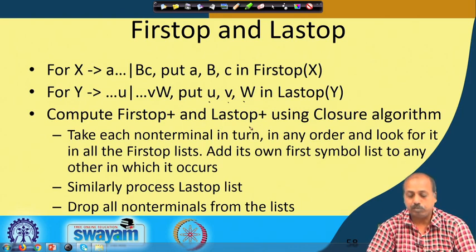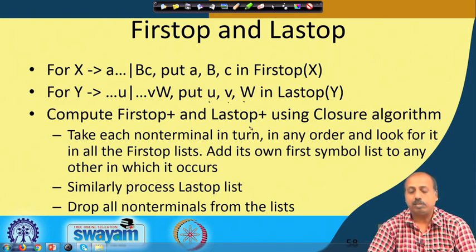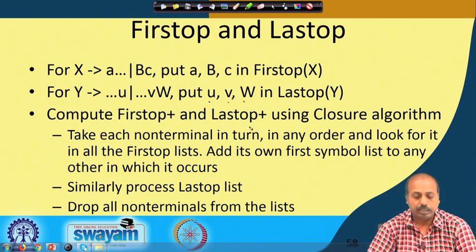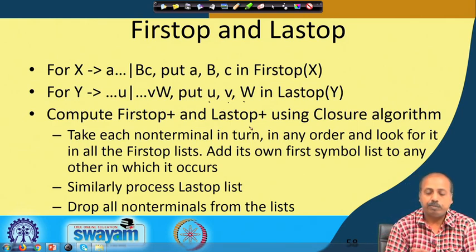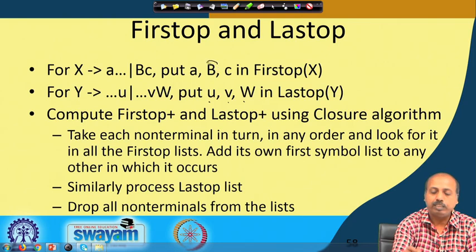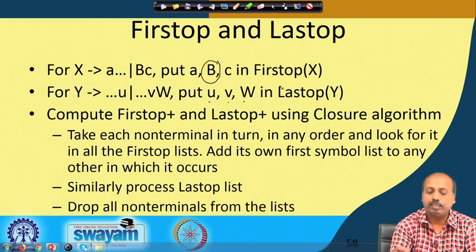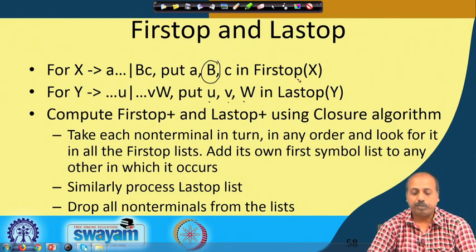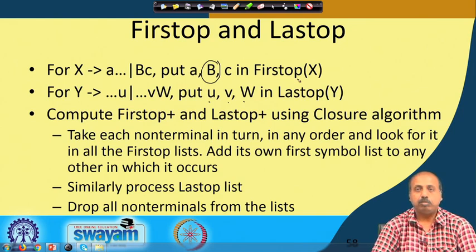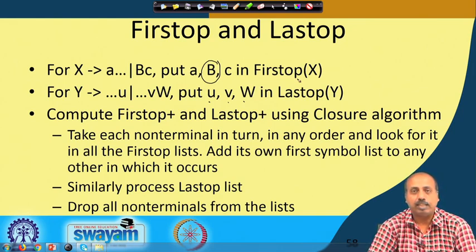If it does, then you add this first of symbol list to the other one in which it occurs. Like here, if you know the first of list of B, then you can add that first of list of B to the first of list of X. This way we can compute the first of plus. Similarly, we can create the last of plus list.